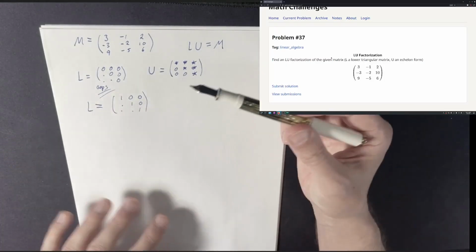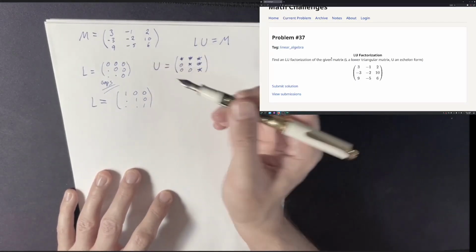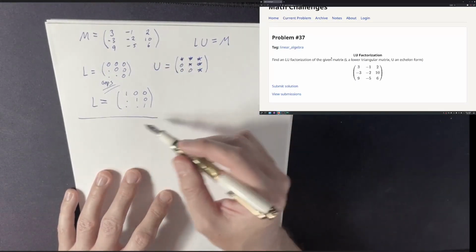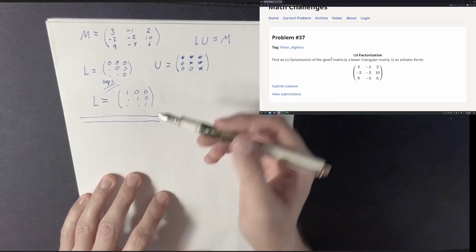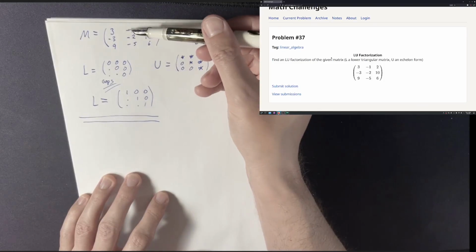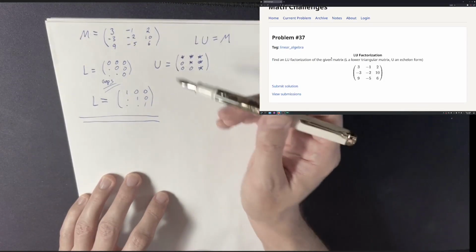And the reason, you'll probably see right on the first step why that works. So my first step, we just add row 1 to row 2, right? The 3's will cancel. We're going to keep row 3.